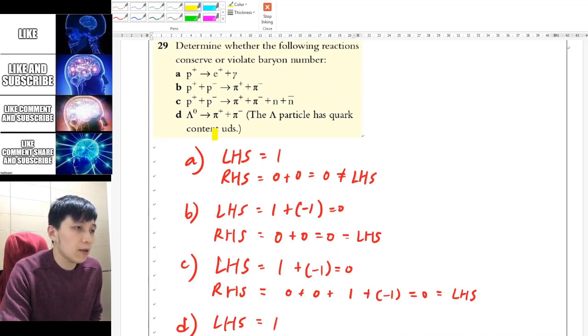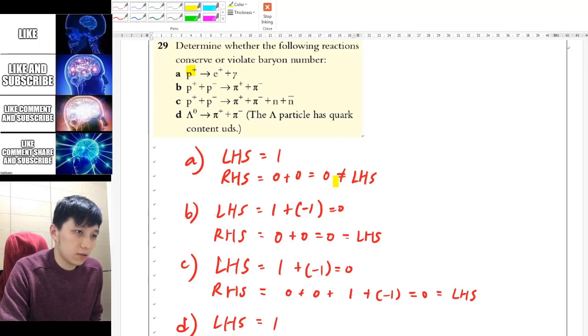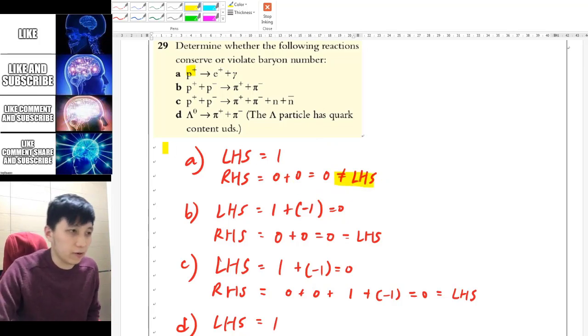Question 29, to give better presentation, I will do it like this, so I recommend you to follow this. Question A, left hand side we have only 1 for baryon number, because this is simply a proton. Right hand side you have an electron and also a photon, and none of them are baryons, so 0 plus 0, that would be 0, and that is not the same as the left hand side, which means it's violated obviously.